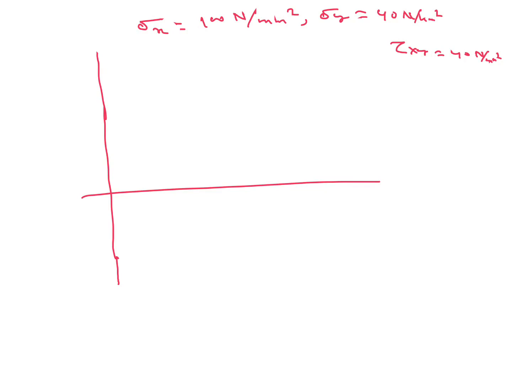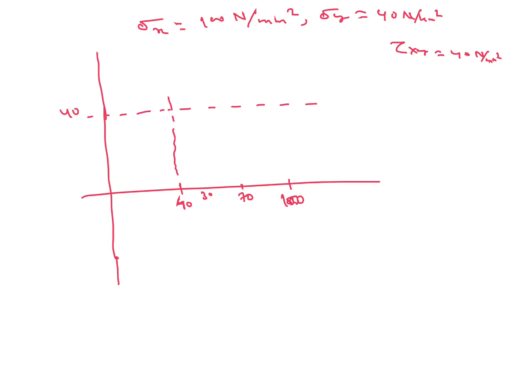So first, sigma x 100, then sigma y 40, the midpoint we have to take, 70. This distance, 70 minus 40, is 30. Then tau xy is 40 Newton per mm square.